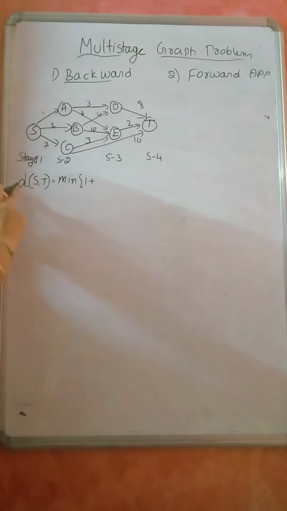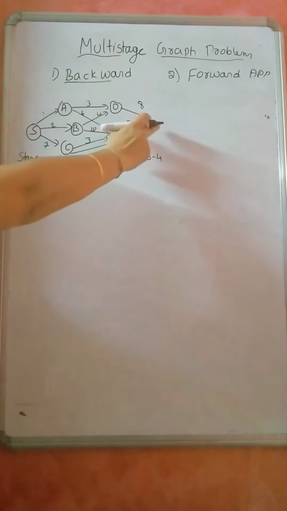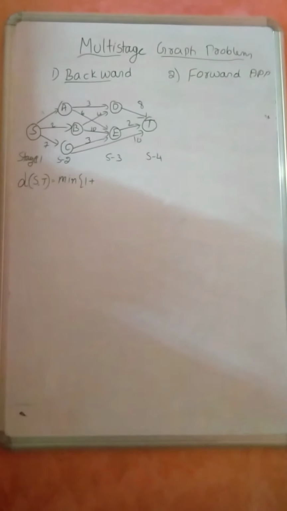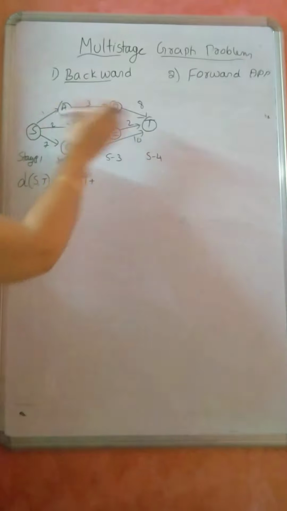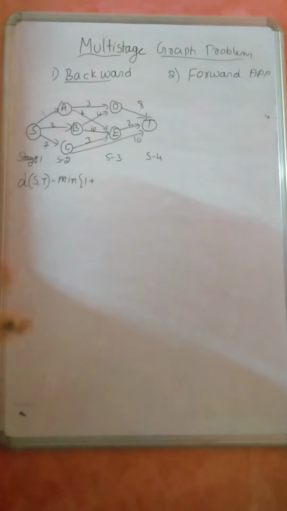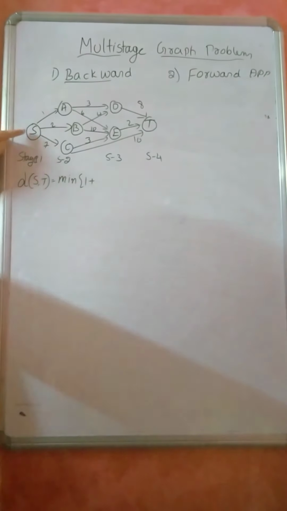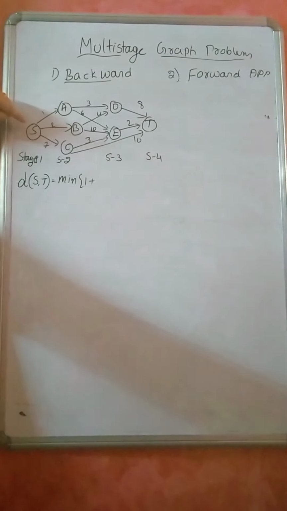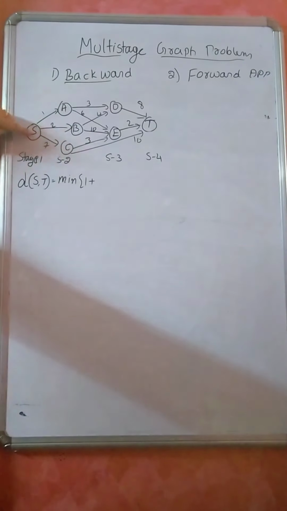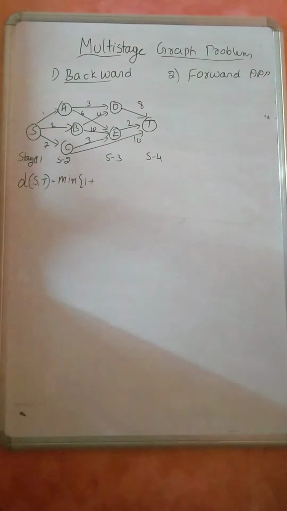I need to find the distance from source to destination. There are many paths from source to destination. In this example, this is one option, this is another option, this is another option. Whichever is minimum, I will go for that one.